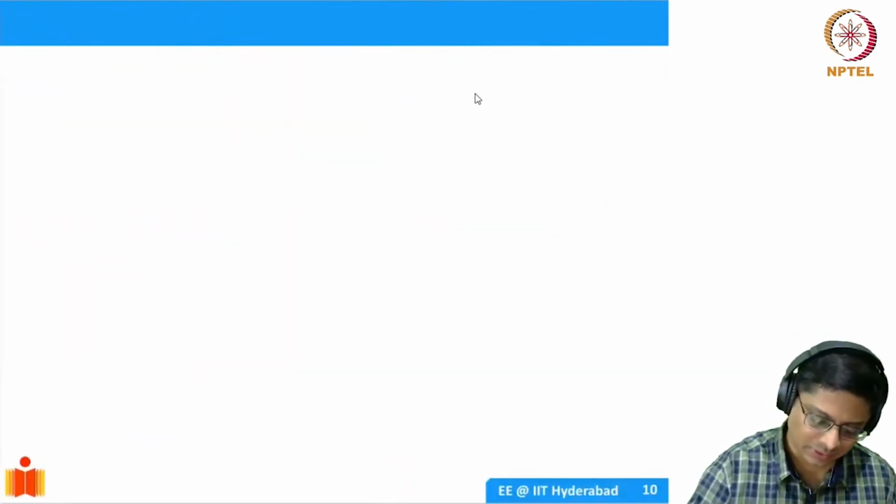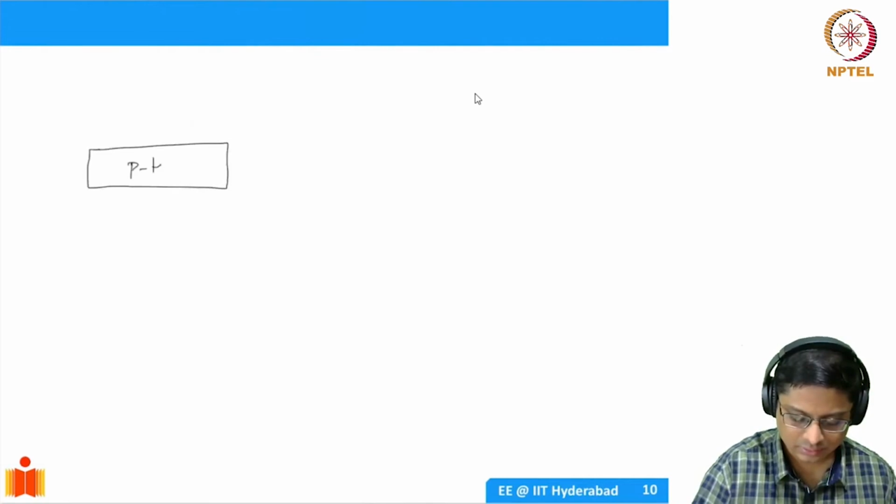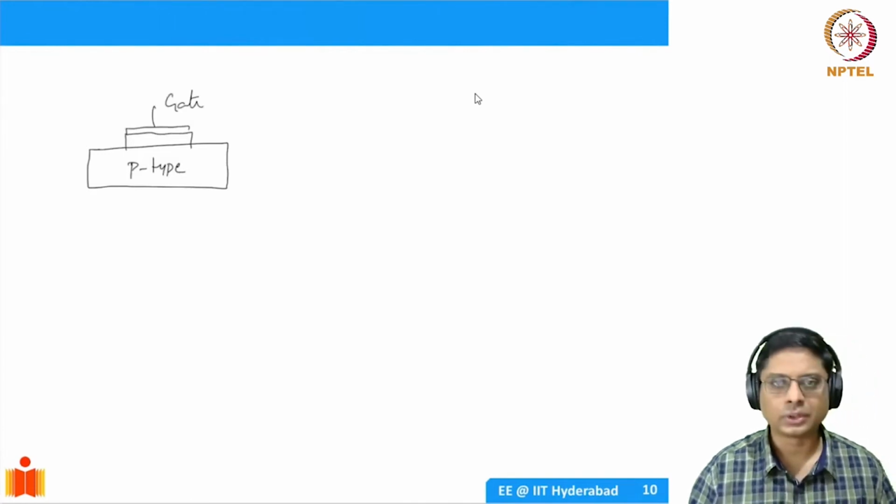So far what we looked at was, if you consider a p-type substrate, and then I'll have an oxide, and then I'll have a metal. Okay, so this I'll call a gate. Okay, so essentially the gate voltage is controlling the type of carriers. That's why we call it a gate.